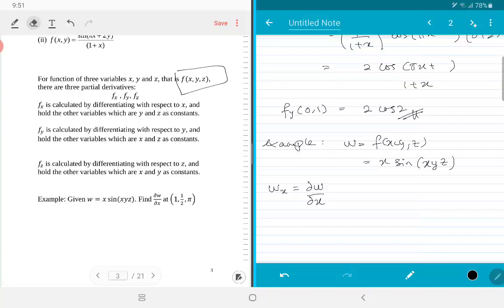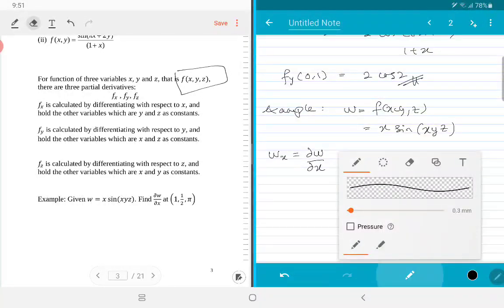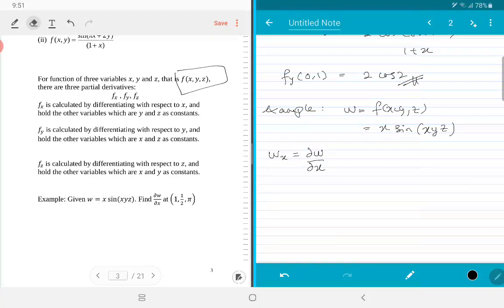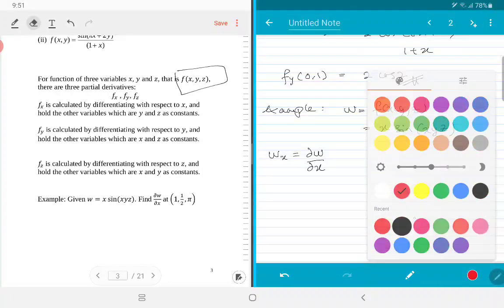So this is a product of two functions. First is the polynomial x, and the other one is sine xyz. To differentiate a product of two functions, we have to use the product rule.